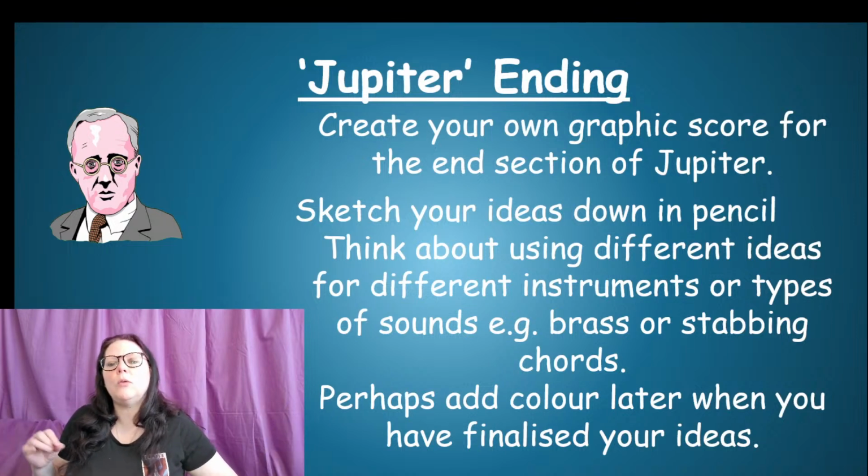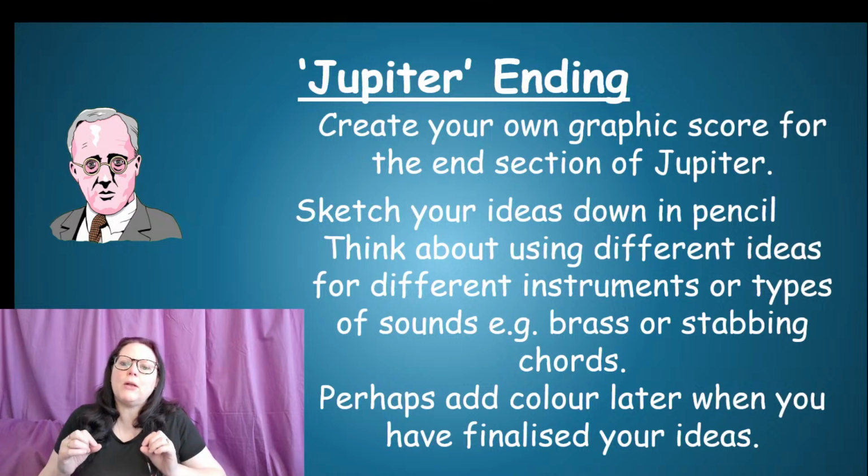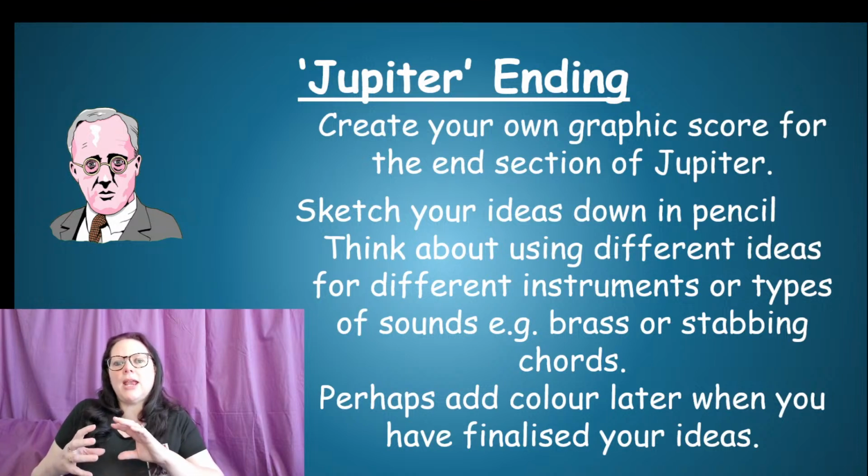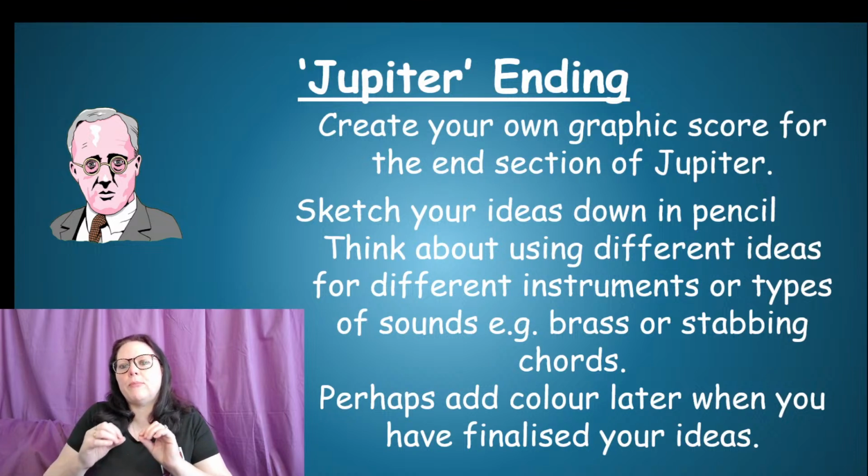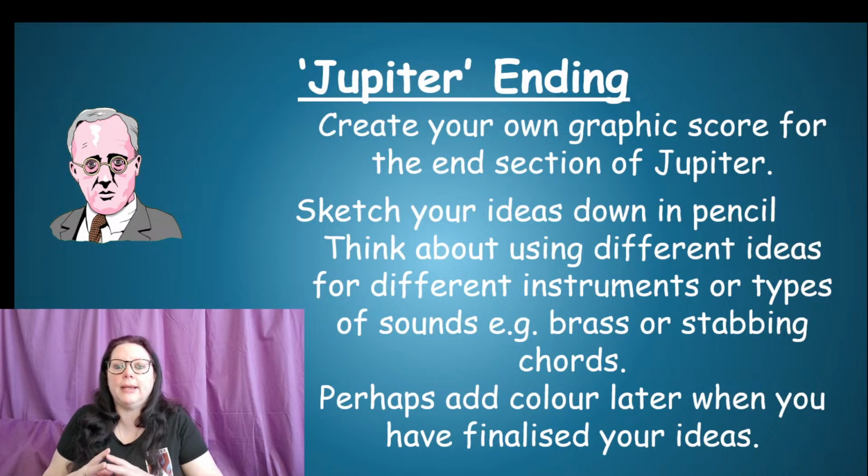Okay. And what I want you to do is with a pencil, do it in pencil. Don't try and go straight to pens or felt tips or anything like that. Using a pencil, think about the sounds that you're hearing, the different instruments or types of sounds, and try and create a symbol or a picture you think that represents that instrument or that sound that you're hearing.